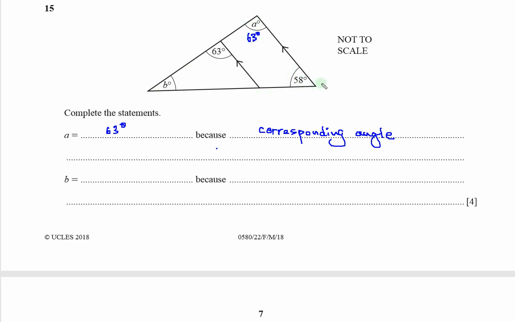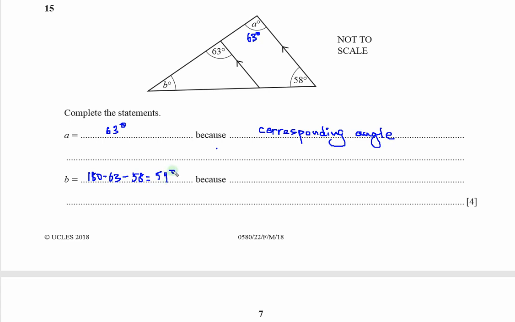Look at the bigger triangle. B is actually equal to 180 minus 63 minus 58, and that is equal to 59.